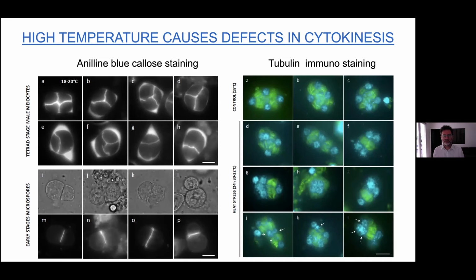So here is another example of the details of the defects in cytokinesis. Currently we know that cytokinesis requires the development of a callose plate separating the individual spores. And upon heat stress, this deposition of callose is being reduced. And in some cases, the cell walls are disrupted, or the position of the cell wall is not correct. And this is probably due to defects in phragmoplast formation before cell wall formation.